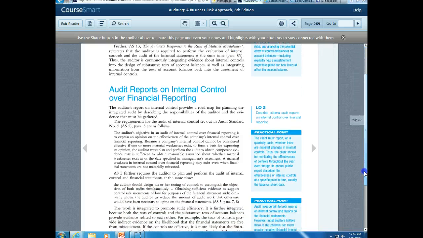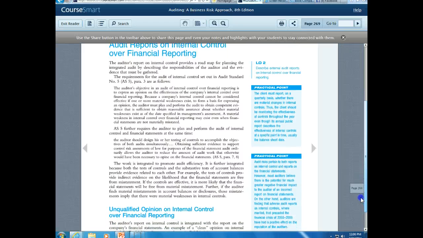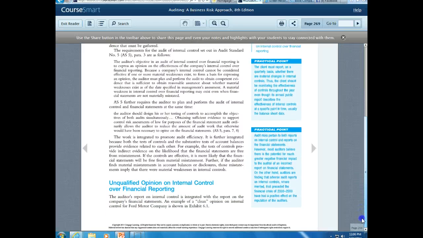The auditor's report on internal controls is really the key of what we're talking about in this chapter. One thing I do want to talk about is there are various types of opinions that an auditor can provide on the financial statements. An ideal opinion on internal controls over financial reporting is an unqualified opinion, which means a clean opinion.